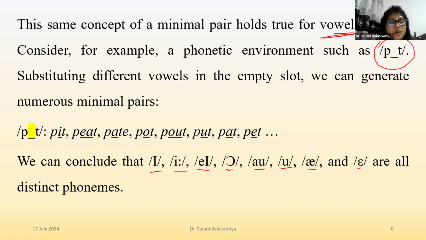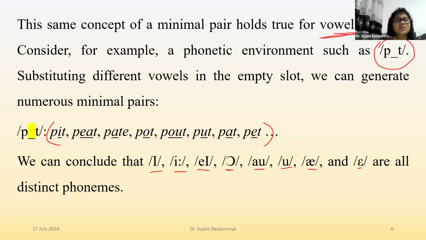All these vowels are distinct phonemes. Distinct phonemes means phonemes which are different from each other in meaning. And that is why we can create a range of words like this which are different from each other in meaning.